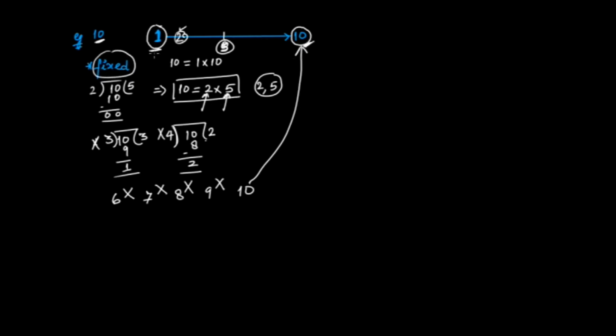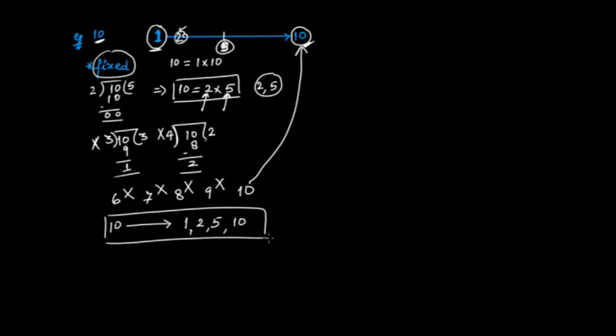So in this case of 10, there are 4 factors. So for 10, you have 1, then you have 2, then you have 5, and then you have 10. So these are the factors of 10. Okay, so what would be the multiple in this particular case? 10 would be the multiple.